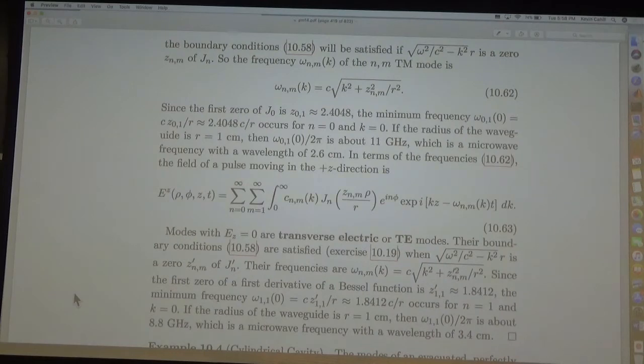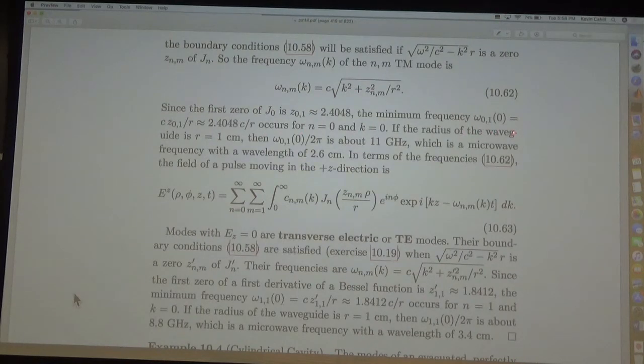And so the first zero of J0 is Z01, which is about 2.4. So the minimum frequency is given by this expression, c Z01 divided by R. You just set k equals 0 to get the minimum possible frequency.